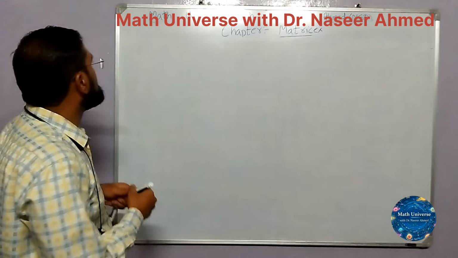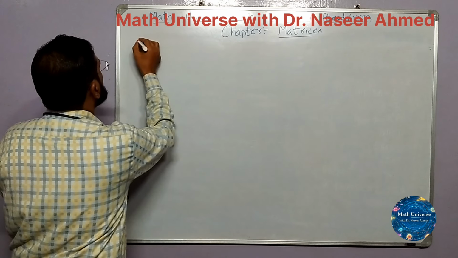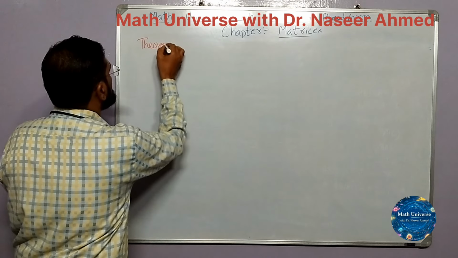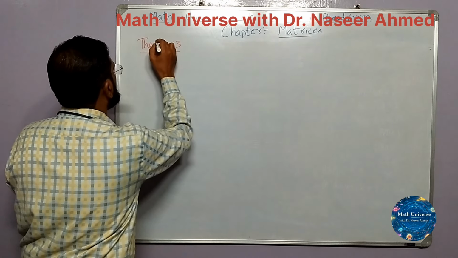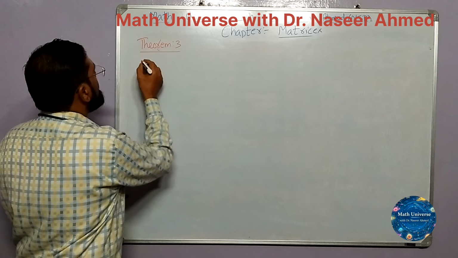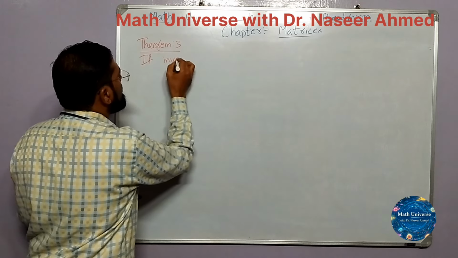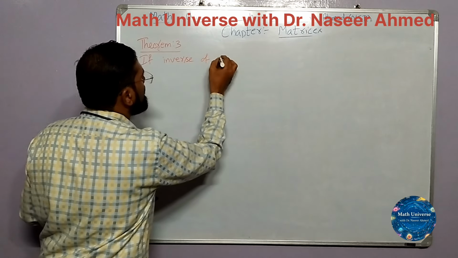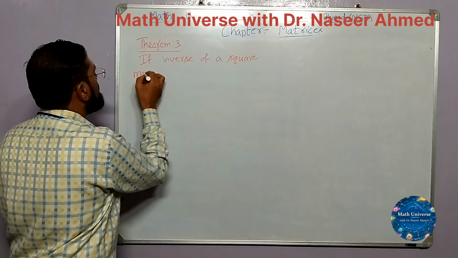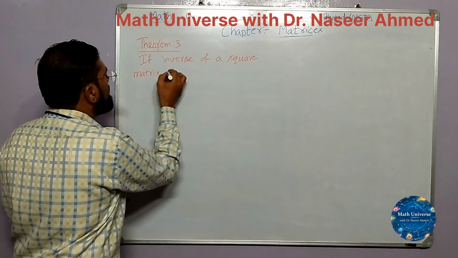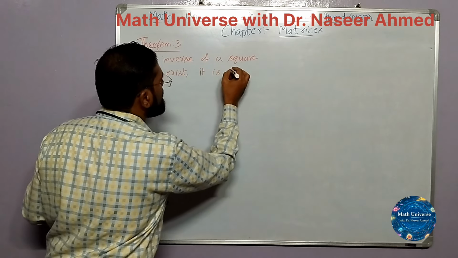The first theorem, that is theorem number 3, as per the NCERT textbook order: if the inverse of a square matrix exists, then it is unique.